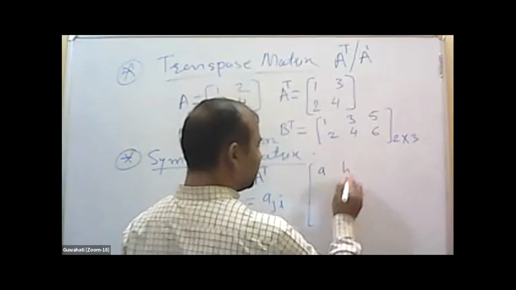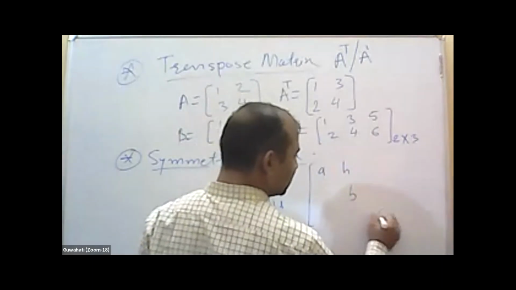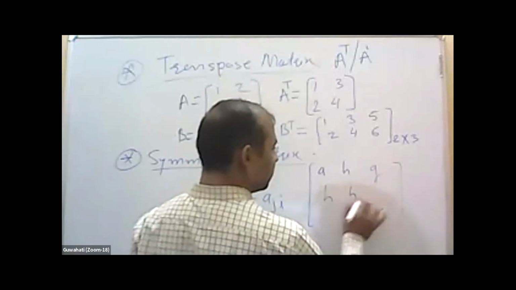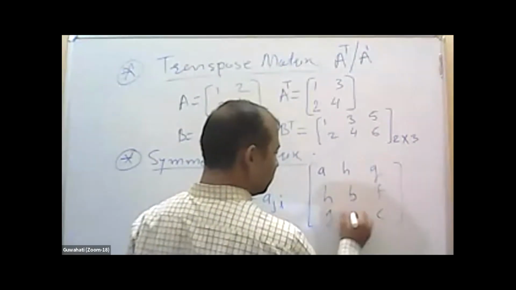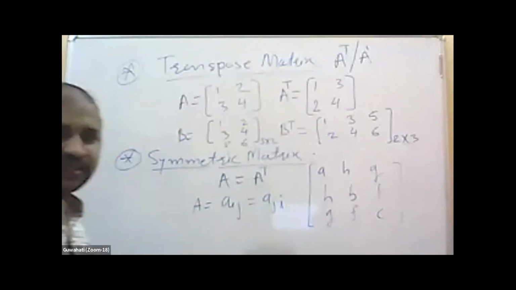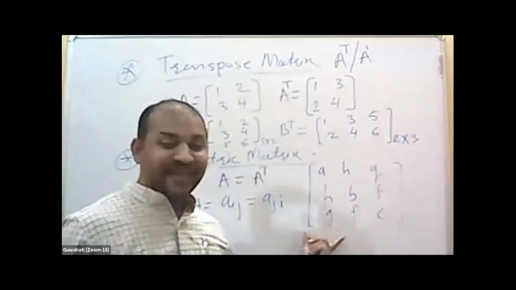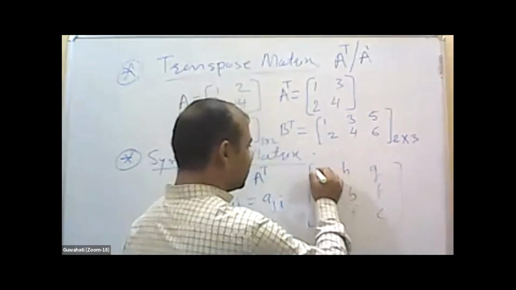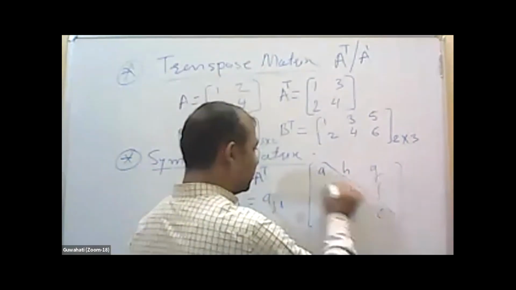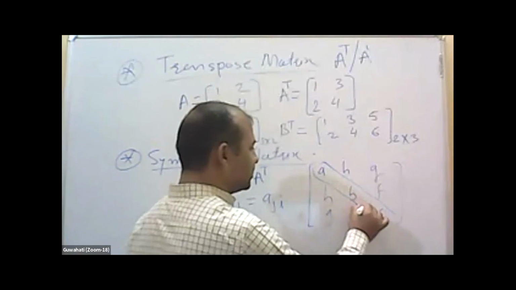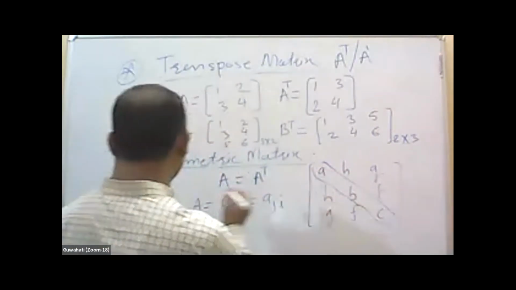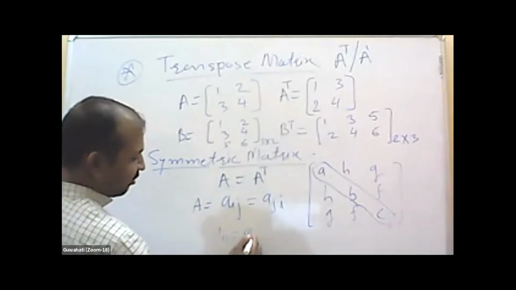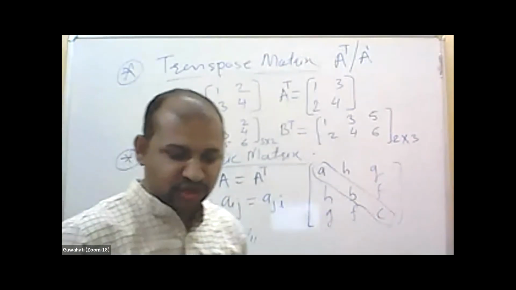For example, let me first write A, B, C. This is a general example of a symmetric matrix. Keep aside the diagonals, because if you change their entries, there will be no change. Means A11, if you change the row by column and column by row, there will be no change in position.